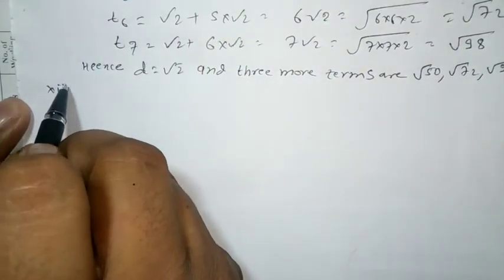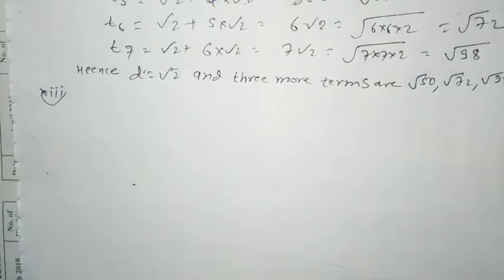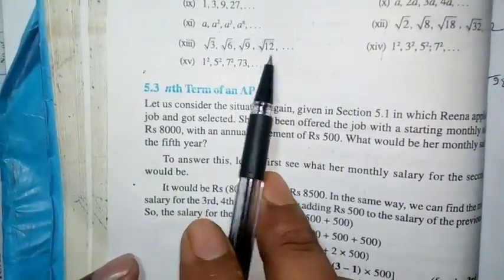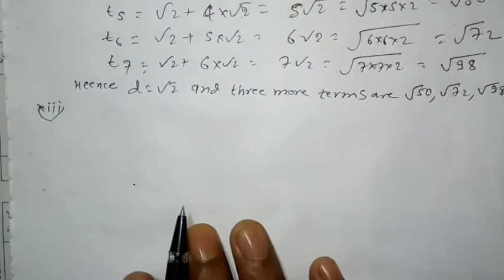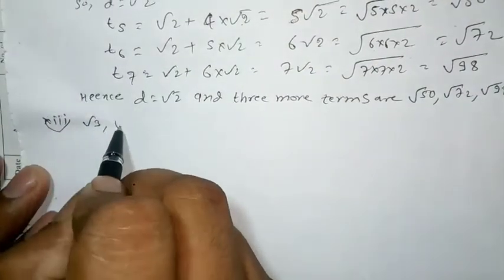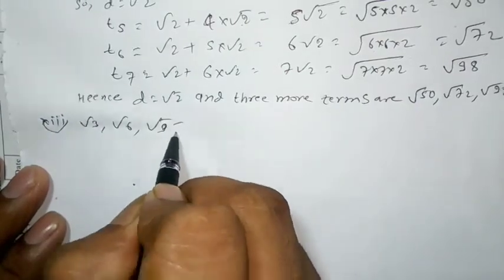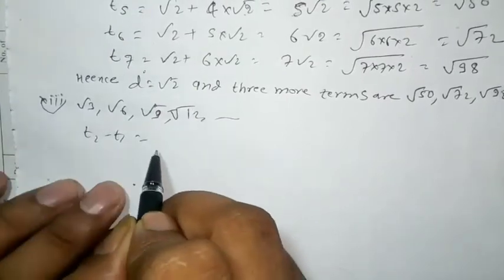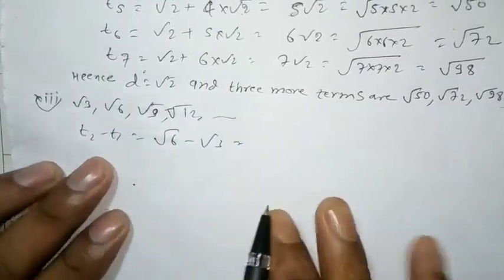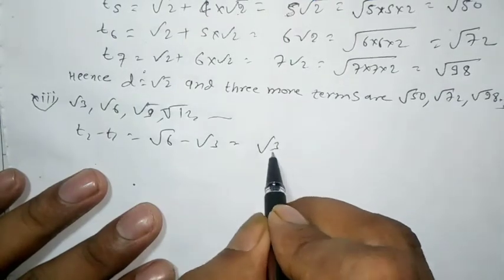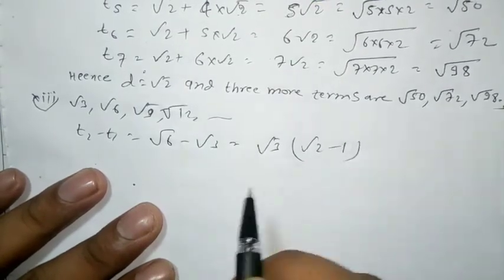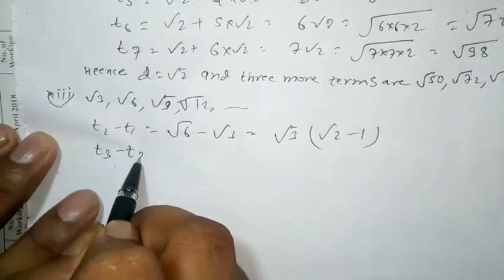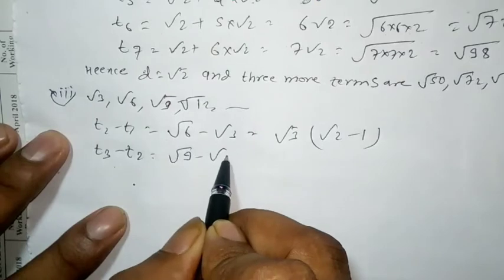Question number 13. Root under 3, root under 6, root under 9, root under 12 dot dot dot. T2 minus T1 is equal to root under 6 minus root under 3. Now root under 3 is common, then root under 2 minus 1. T3 minus T2 is equal to root under 9 minus root under 6.